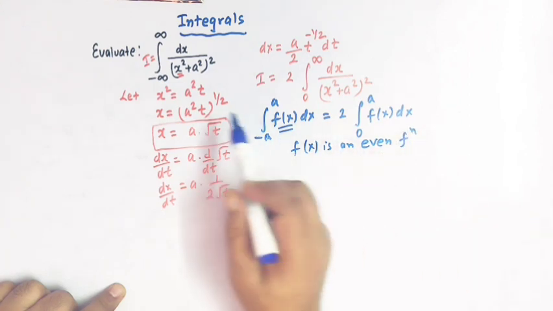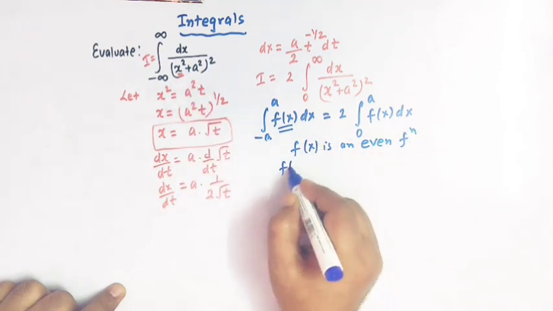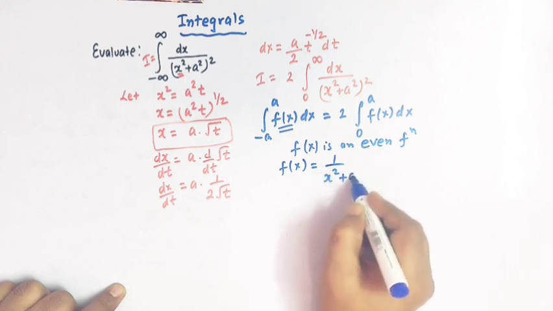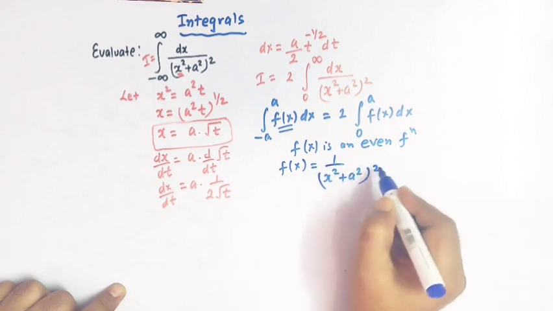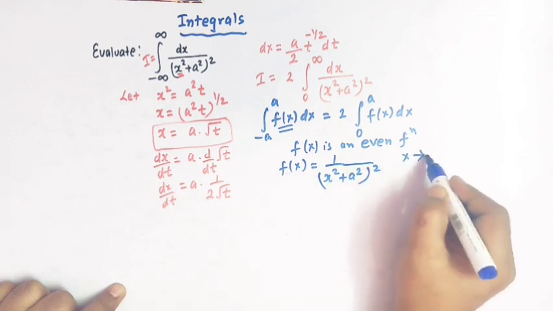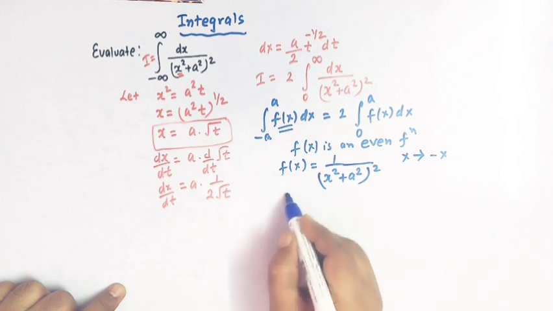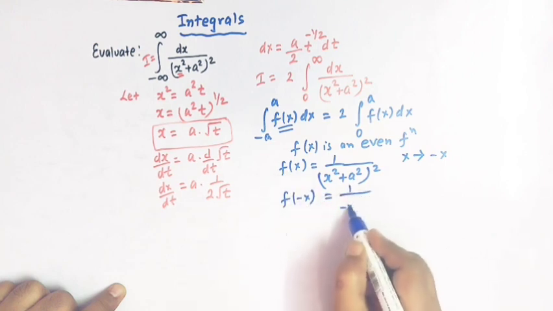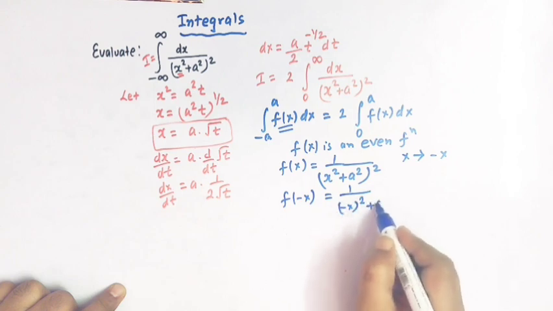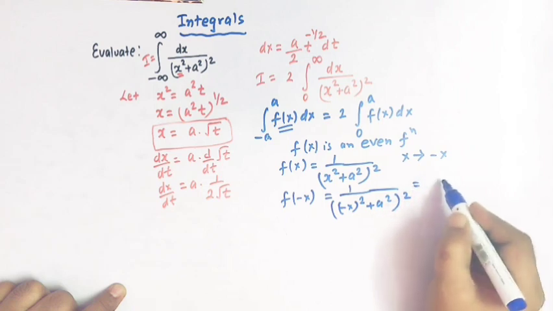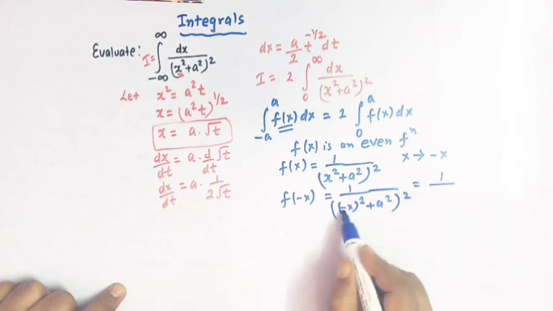Here f of x is given by 1 over (x square plus a square) whole square, and we can easily see that if we replace x by minus x, then f of minus x is equal to 1 over (minus x) square plus a square, whole square.